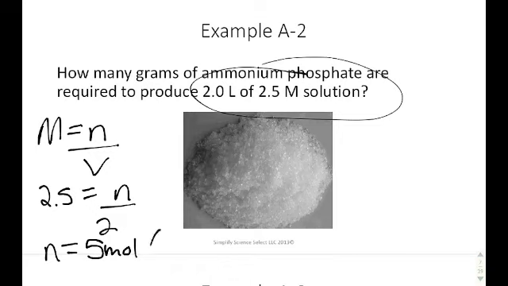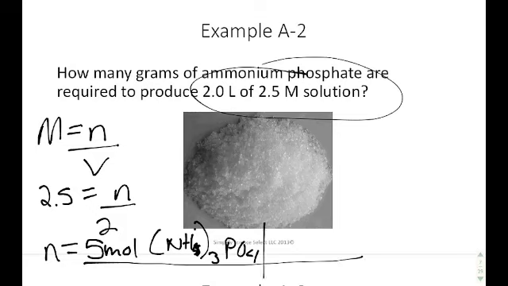Okay, ammonium phosphate is (NH4)3PO4. So in order to figure that out, I need to do the gram formula mass. 1 mole of ammonium phosphate has a mass of about 149.1.